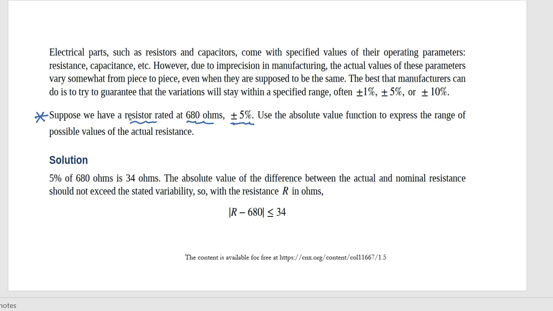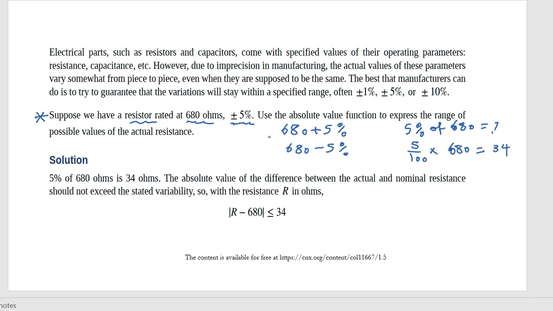For example, the resistance of this resistor is between 680 plus 5% and 680 minus 5% of 680. So 5% of 680, what is it? 5 over 100 times 680 is equal to 34.